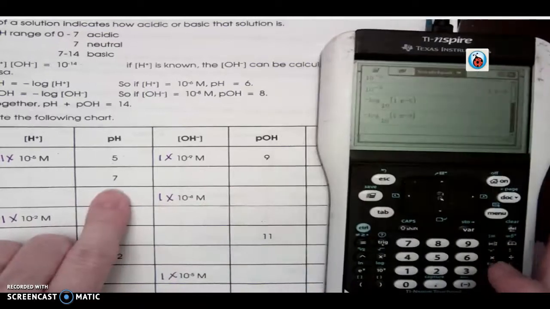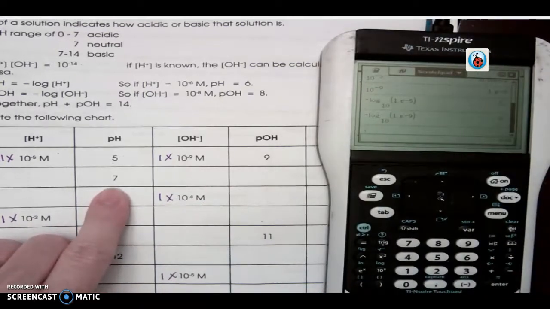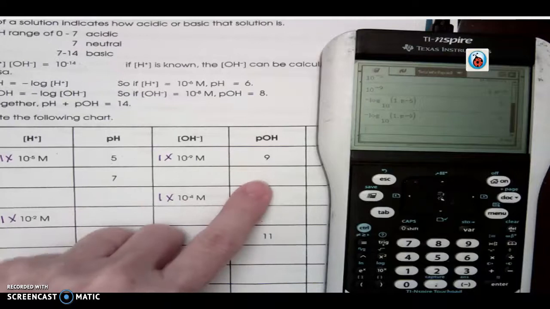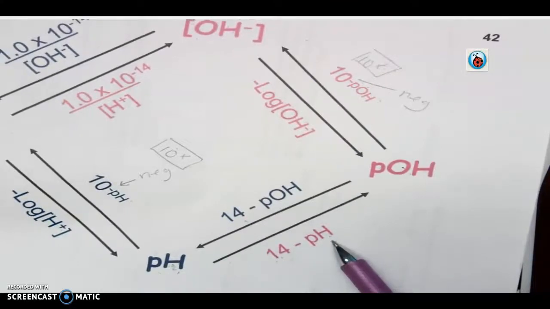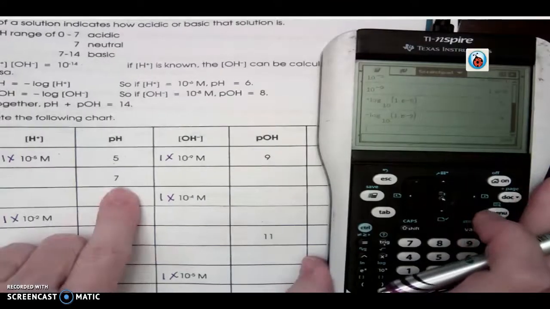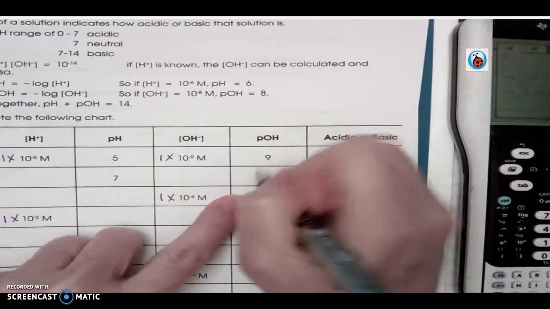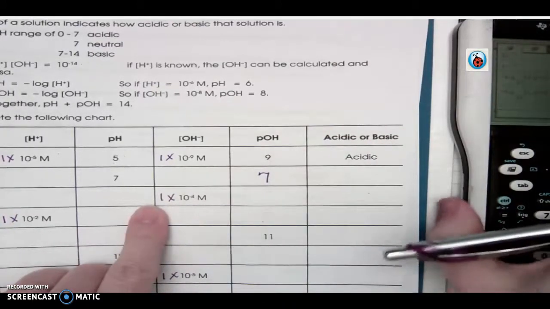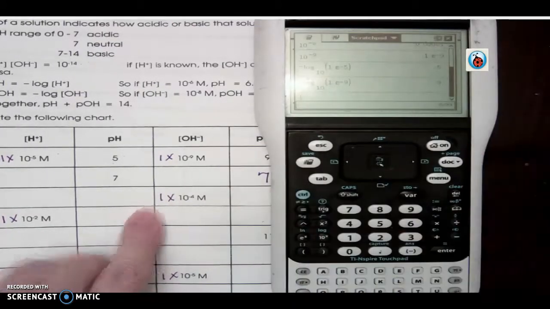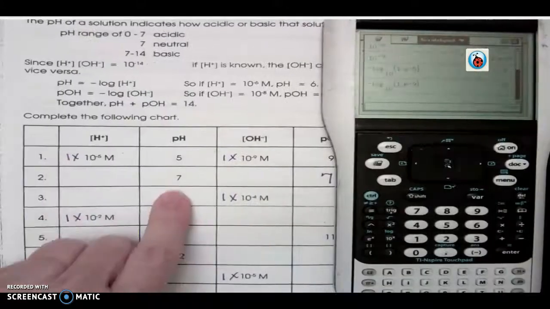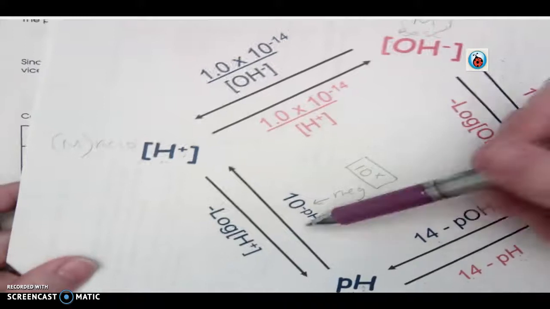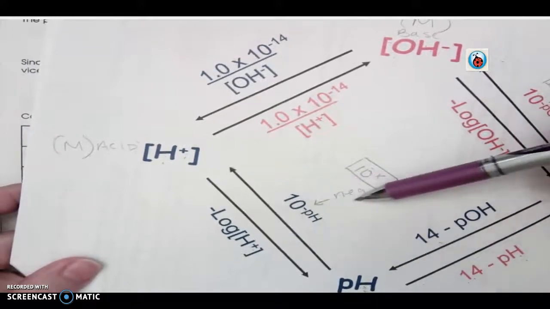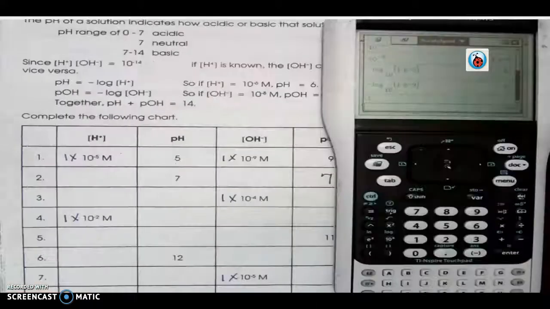See if you can do this. What if I know pH? The easiest thing to solve for is pOH, because pH to pOH, what do we do? 14 subtract pH, so 14 minus 7 is 7. Then I've got the pH, and I want to know the hydrogen concentration, so I'm going to do 10 to the negative pH.